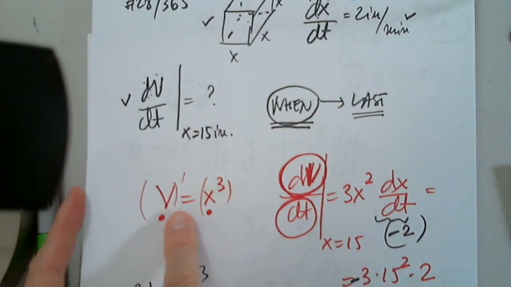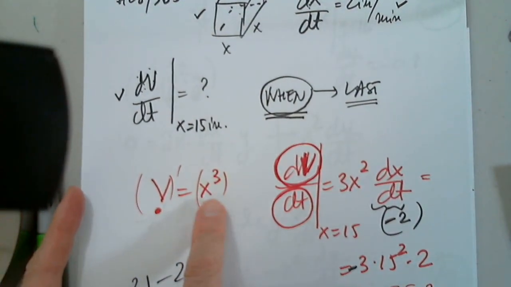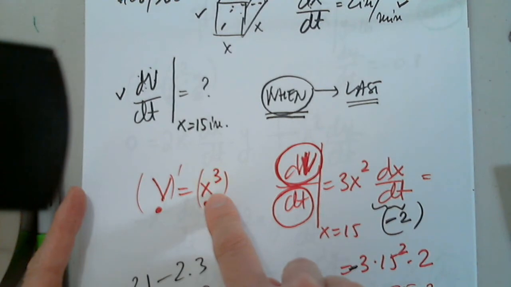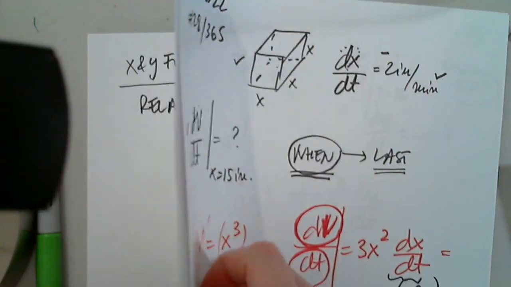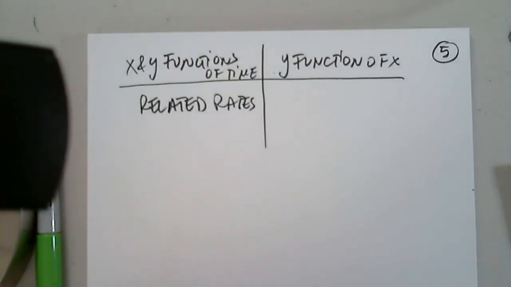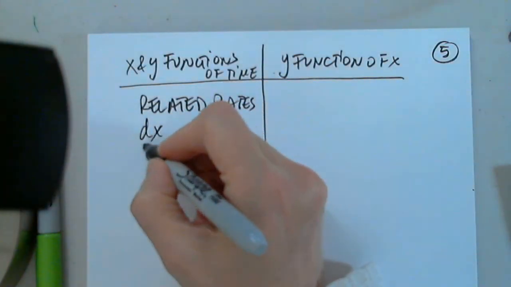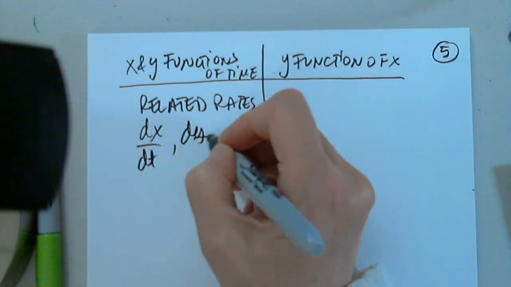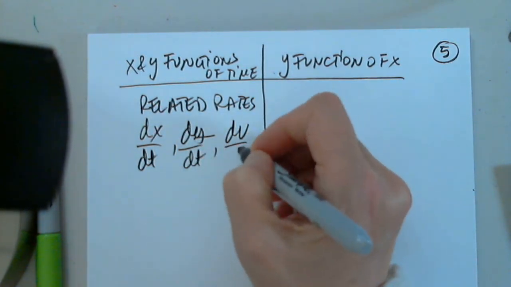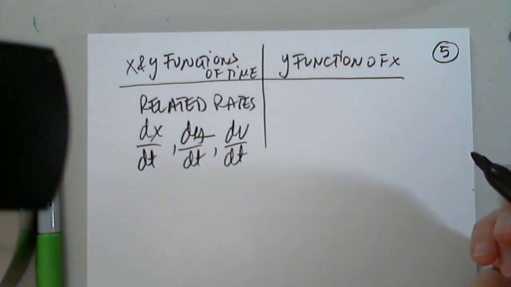And this is the equation they are connected by. And they are both functions of time. So just whenever they're both functions of time, then we do have dx over dt, and we have dy over dt. We can have dv over dt, and so on and so forth.